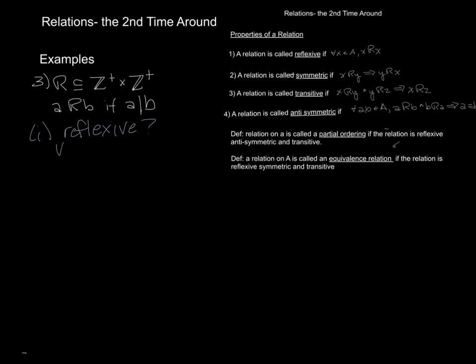So is it true for all x in our set that x is related to itself? In other words, for all x in Z, is it true that x divides itself? And the answer is yes. So this relation is reflexive.